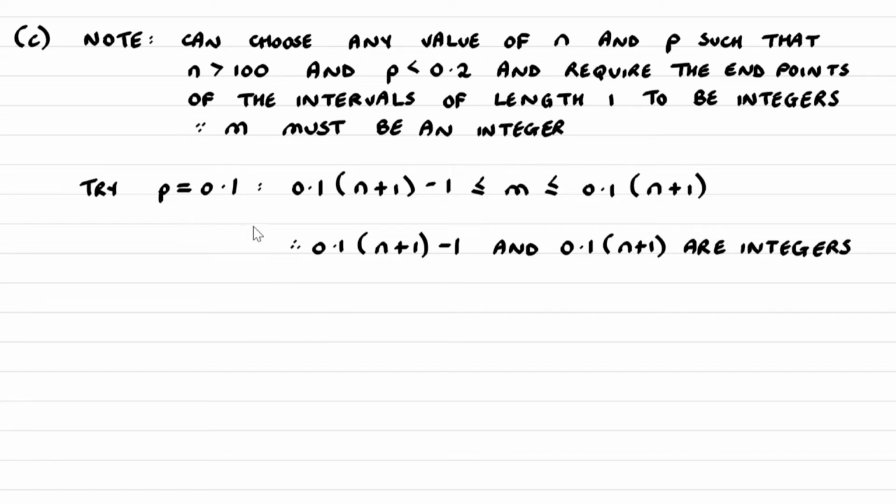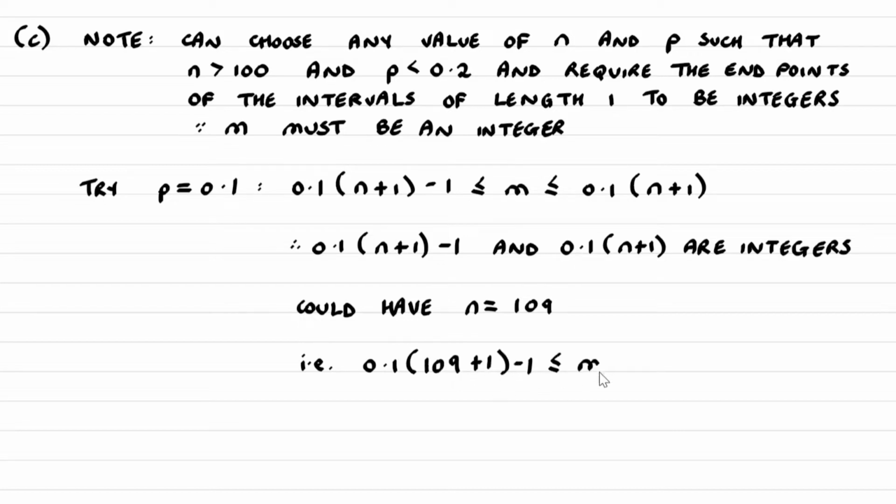But what we could have with p equaling 0.1 is, in this case, n equaling 109, which means I've got 0.1 times 109 plus 1 minus 1 being less than or equal to m being less than or equal to 0.1 times 109 plus 1. So I've got 110 times 0.1 minus 1, so that's 10.